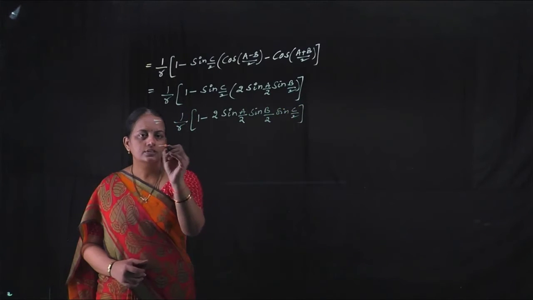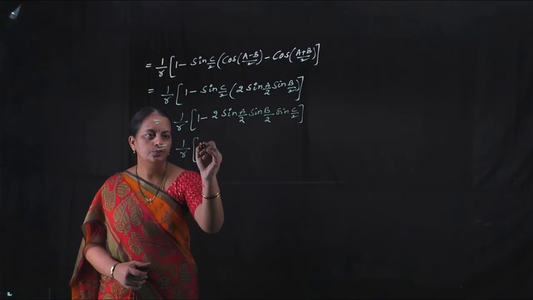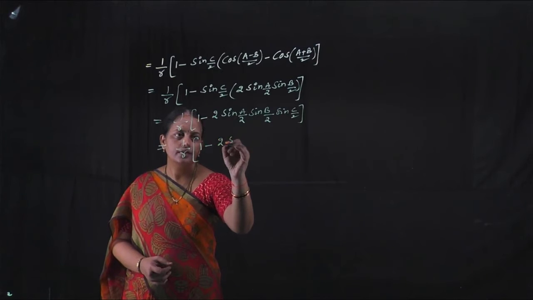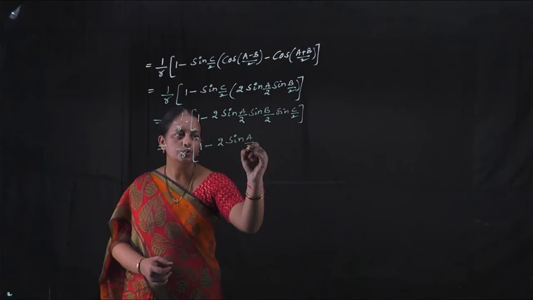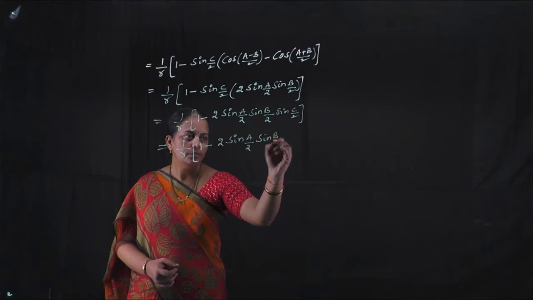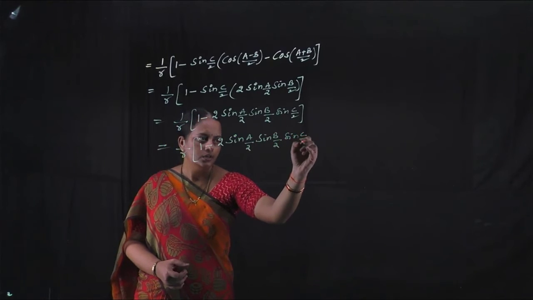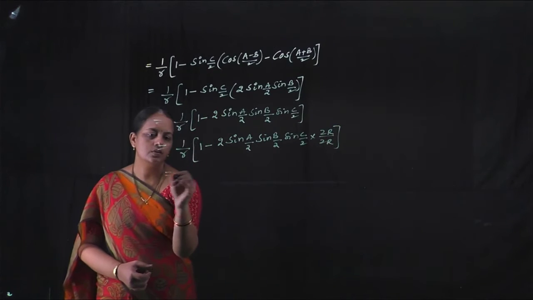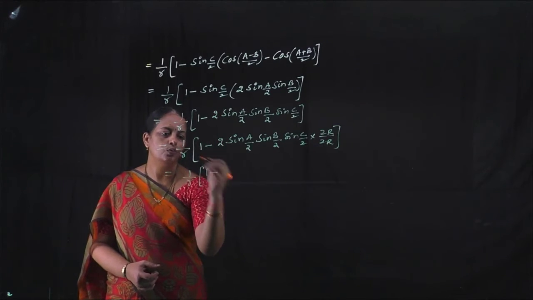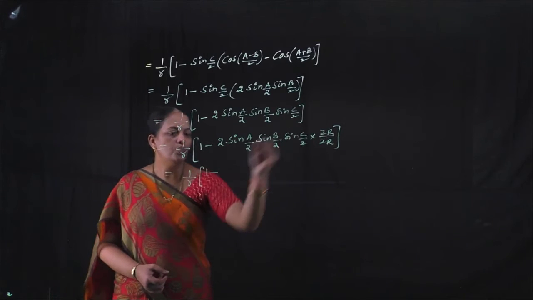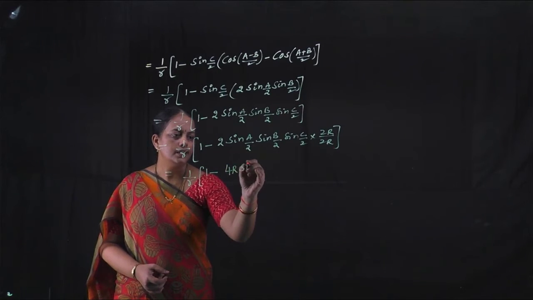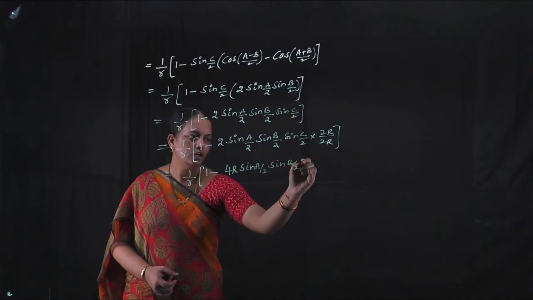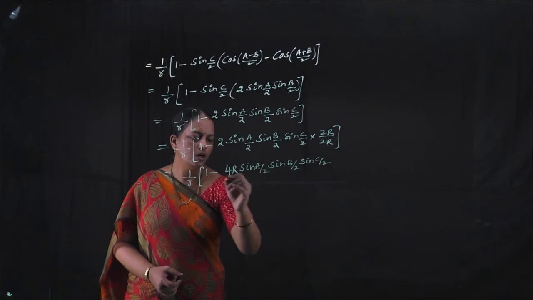Okay, it is equal to 1 by r into 1 minus 2 sin A by 2 sin B by 2 sin C by 2, which can be multiplied and divided with 2R. Okay, this is equal to 1 by r into 1 minus 2 into 2R, 4R sin A by 2 sin B by 2 sin C by 2 by 2R.